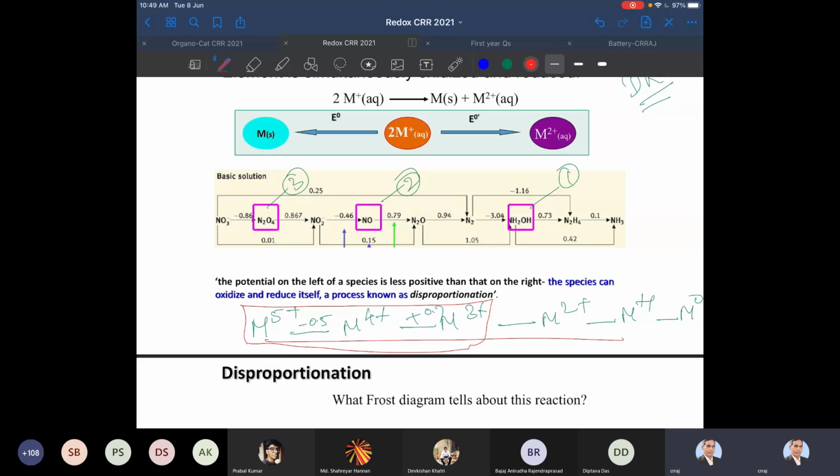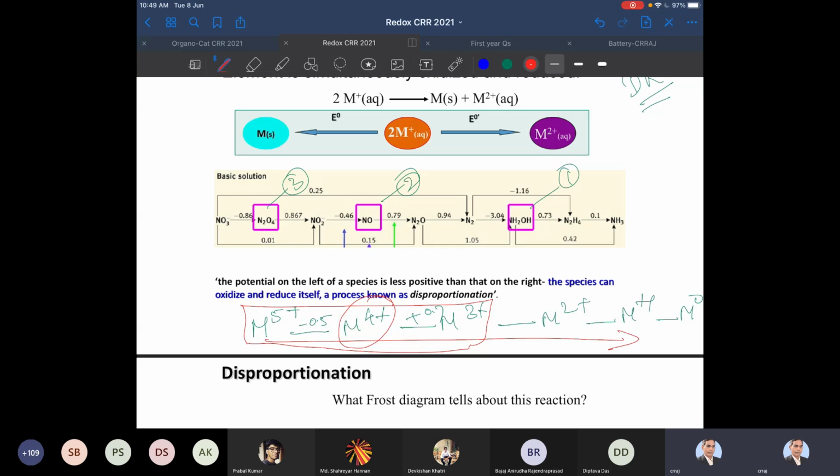There is one direction that goes here. Now look at the Latimer diagram. See that your right hand side potential, say M4 plus to M3 plus, is higher than my left hand side potential, which is M5 plus to 4 plus. So what it implies is that M4 plus will undergo disproportionation reaction.